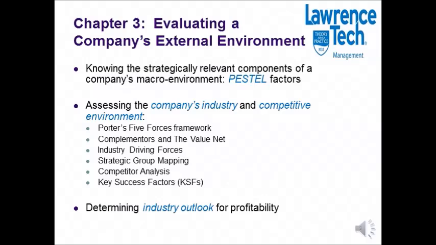Then the final tool is looking at key success factors. And key success factors are those competitive factors that most affect the industry members' ability to prosper in the marketplace. So key success factors can be strategic elements that involve something about your product or your service attributes. Something could be operational approaches, operational excellence, a resource that you have that the competition doesn't have.